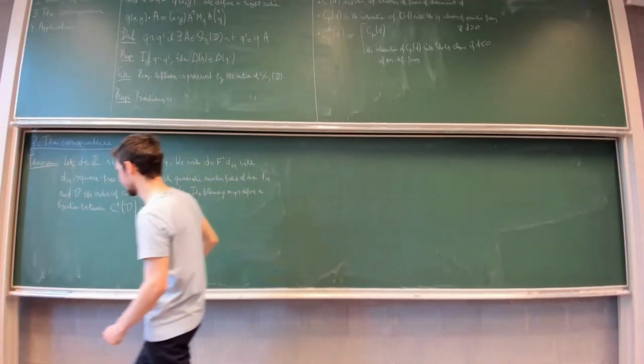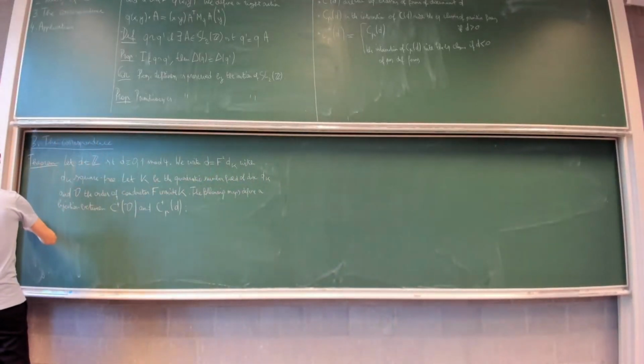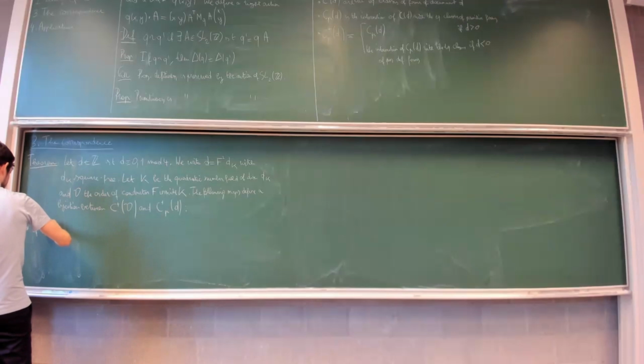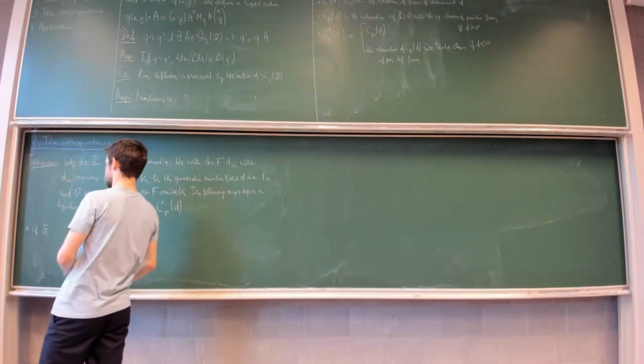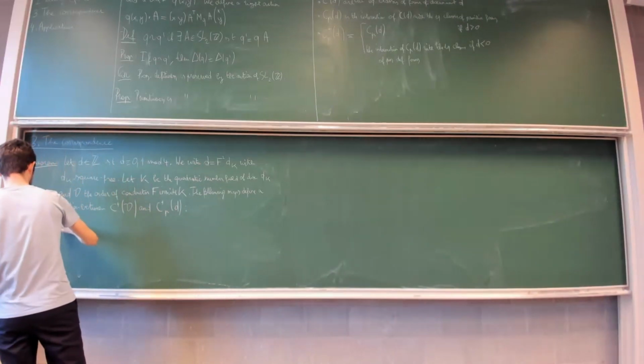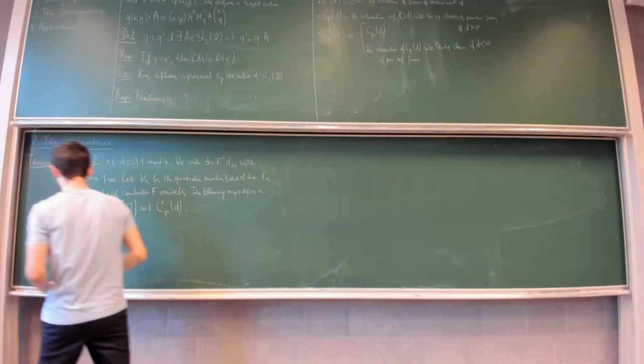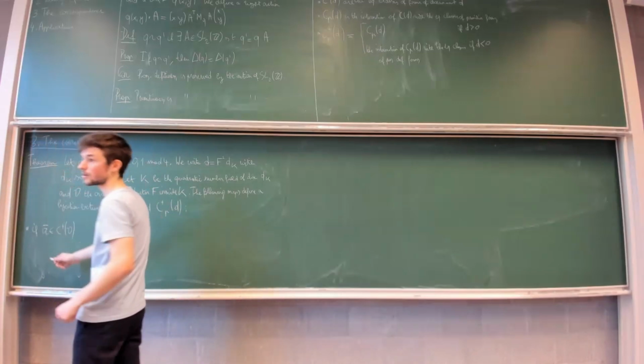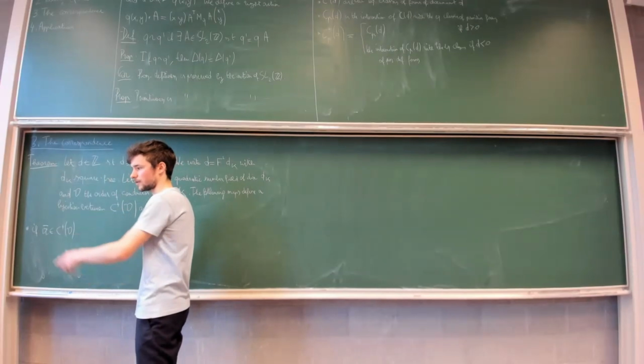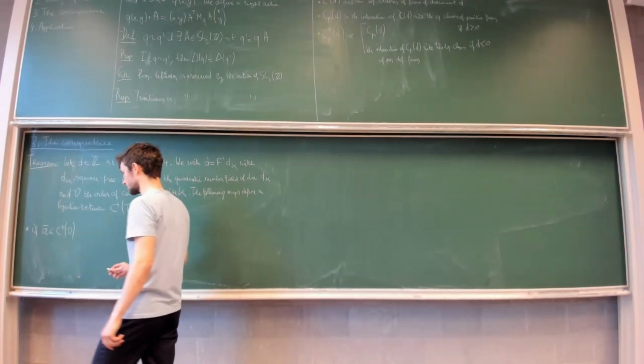Okay, what are these maps? So, if we have an ideal class, I write A for an ideal, inside the narrow class group, we can choose a basis for this. In the first part of the handouts, I wrote some more words on this.